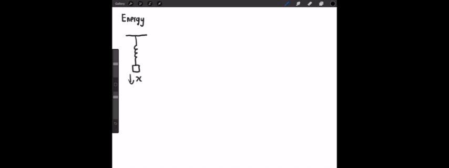Now, from first principles, the potential energy of a mass spring oscillator can be given by 1/2 kx squared, which is a standard equation for energy stored in a spring.